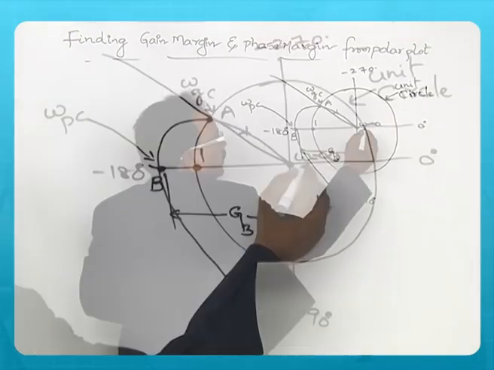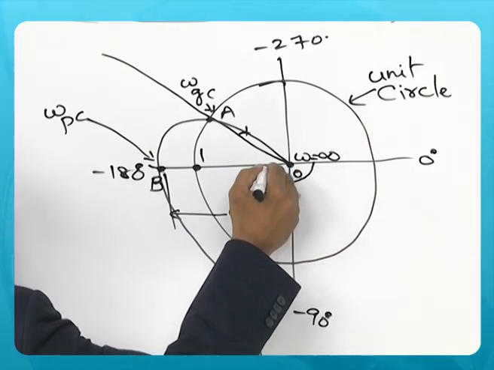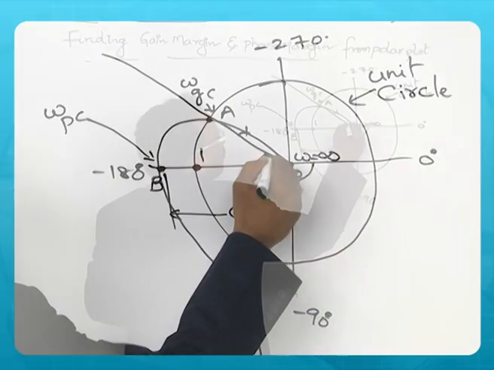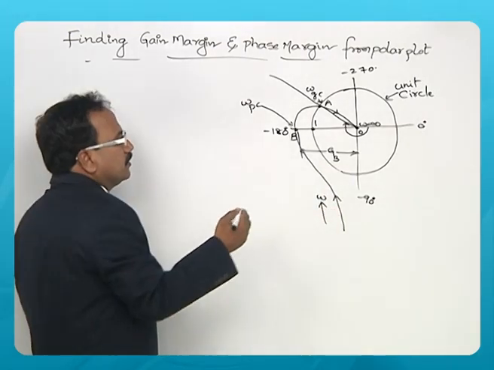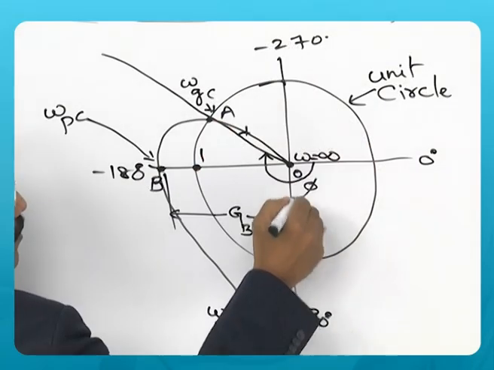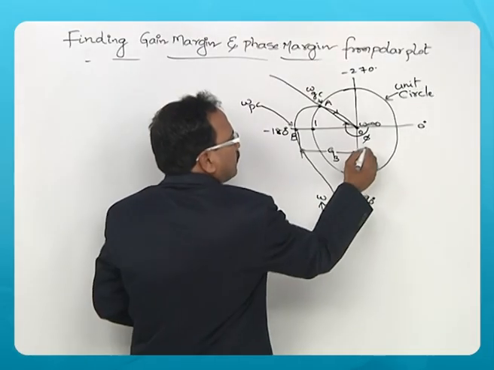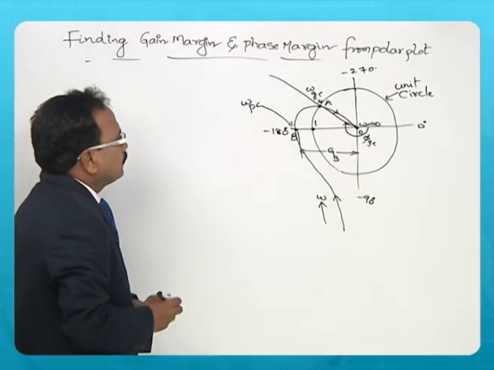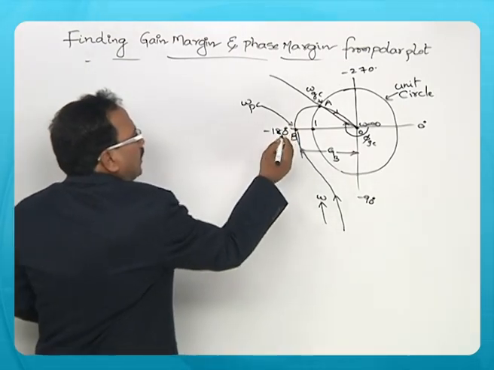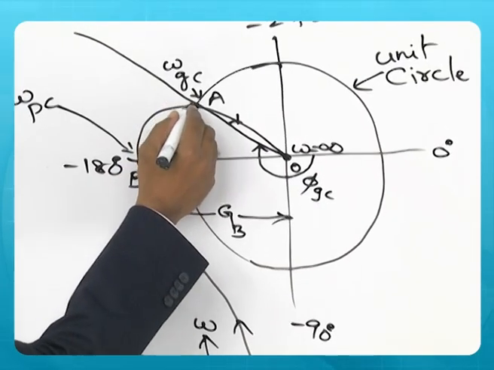Now, if you try to measure the angle from the 0 degree line in clockwise direction, this is the phase angle phi at the gain crossover point. Omega PC is here, omega GC is here.